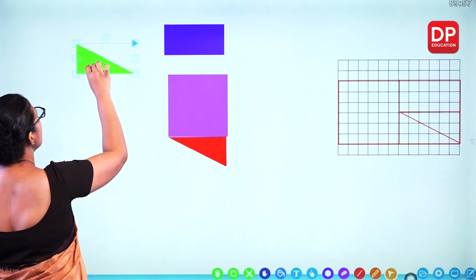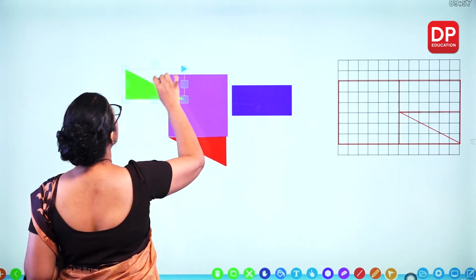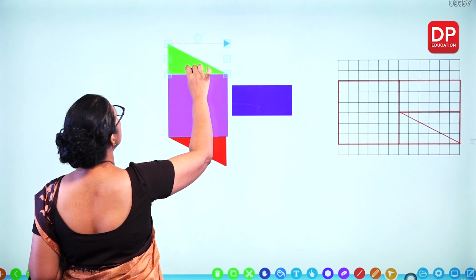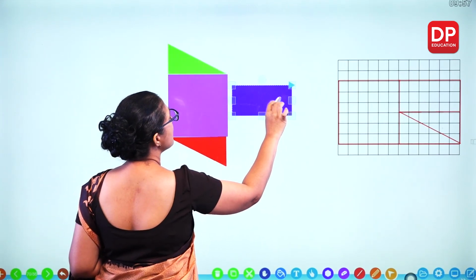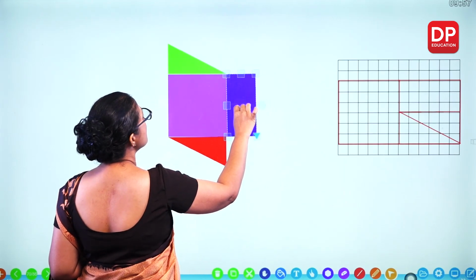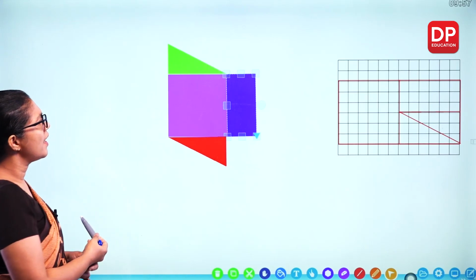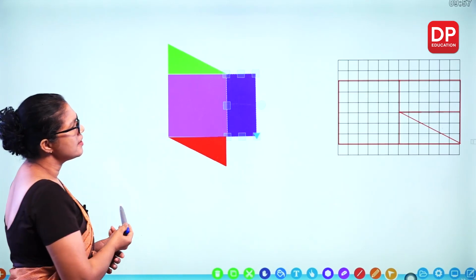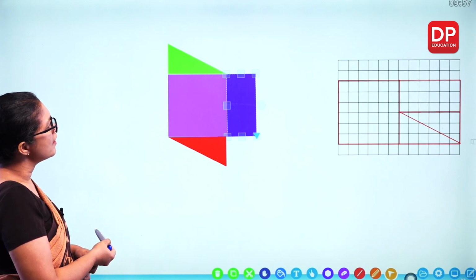And I can take this one somewhere here, and this one I can rotate and keep it here. So this is another compound figure. So you can create different shapes. So this is another compound figure.